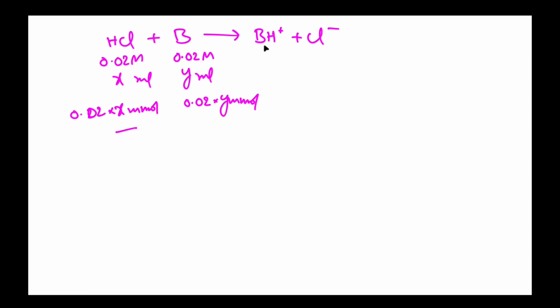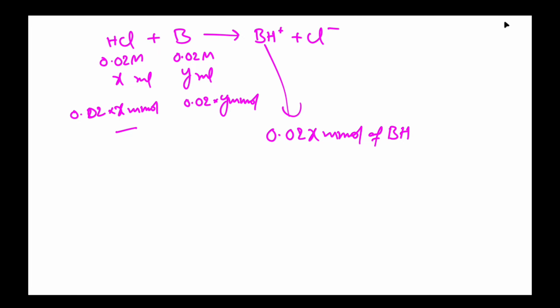So we get 0.02 X millimoles of acid salt. So 0.02 X millimoles of strong acid completely reacts with 0.02 Y millimoles of weak base and gives 0.02 X millimoles of salt.